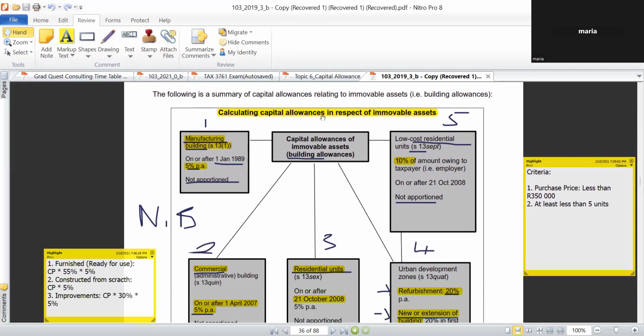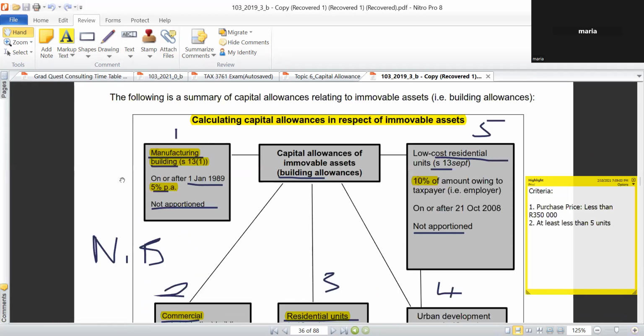So obviously, with buildings, there are your manufacturing buildings. With manufacturing buildings, just exactly what I was explaining to you guys, there's what we call section 13 quin. And what does section 13 quin state? It states that for any buildings which are used for production or manufacturing purposes, for as long as they are bought after 1 January 1989, SARS would allow you 5% per annum of the value of that building. That's how you calculate the capital allowances for such a property.